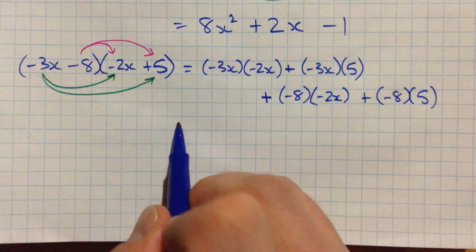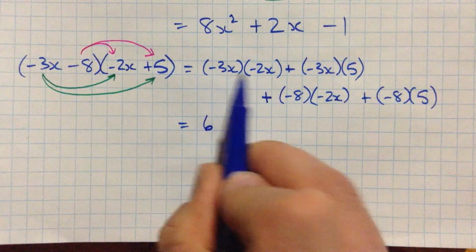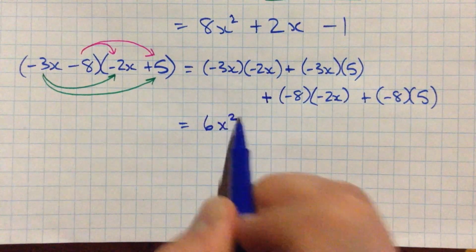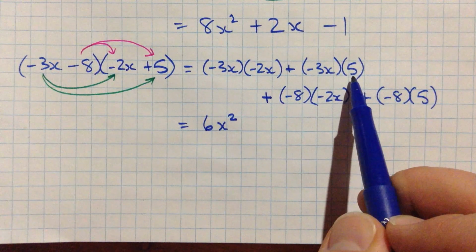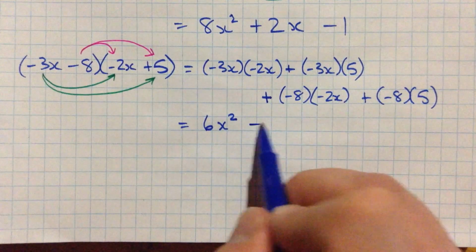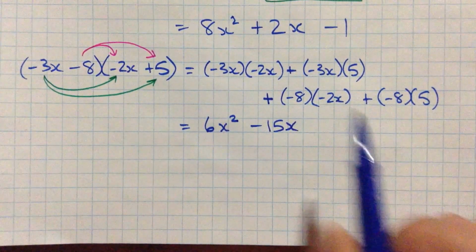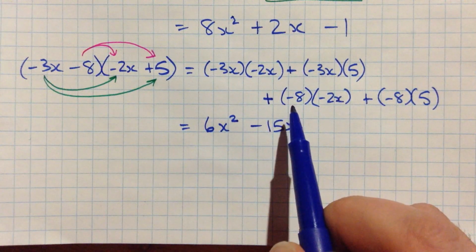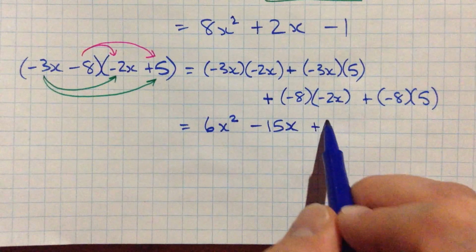Let's continue. Negative 3 times negative 2 is positive 6, and I've got x times x is x squared. Over here, negative 3 times 5 is negative 15, so that's negative 15x. Here I've got negative 8 times negative 2 is positive 16x.